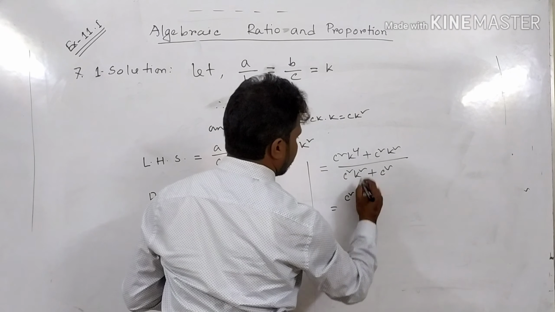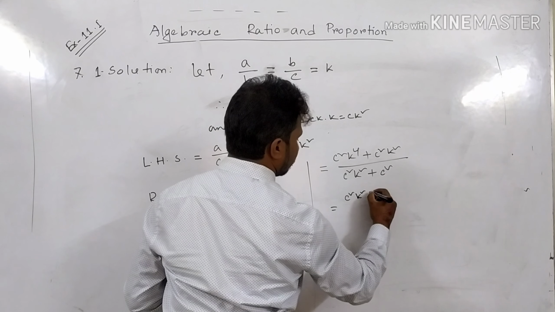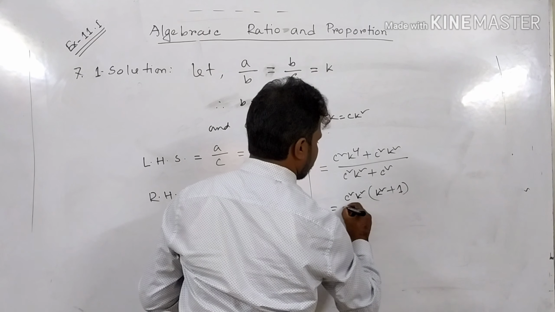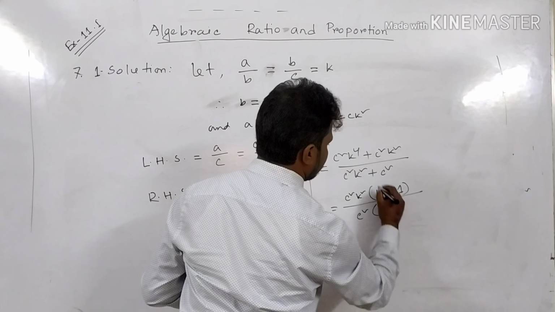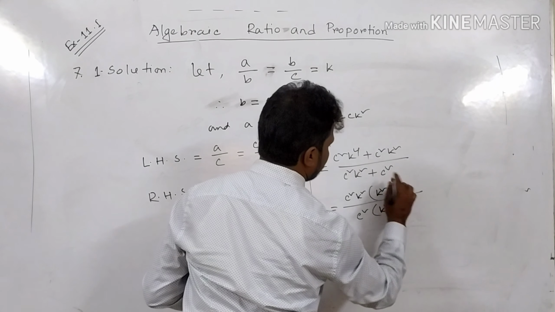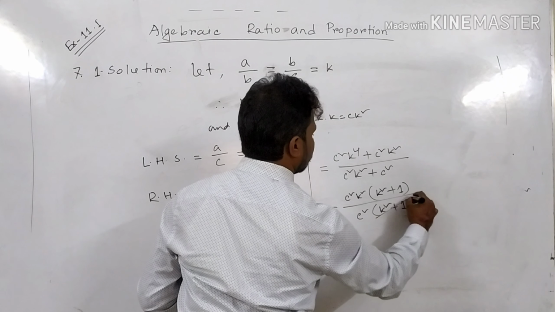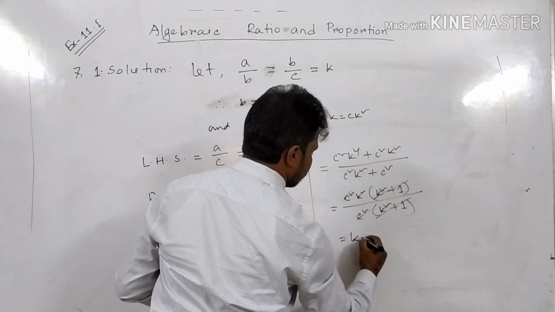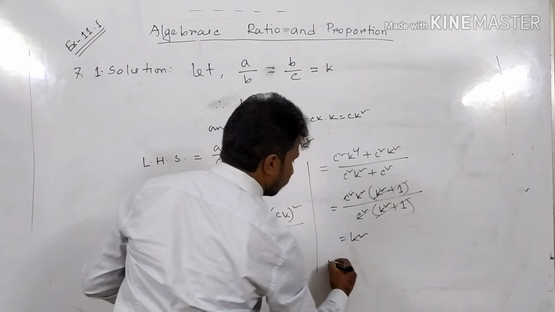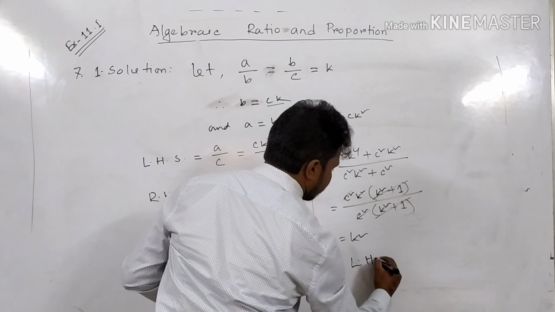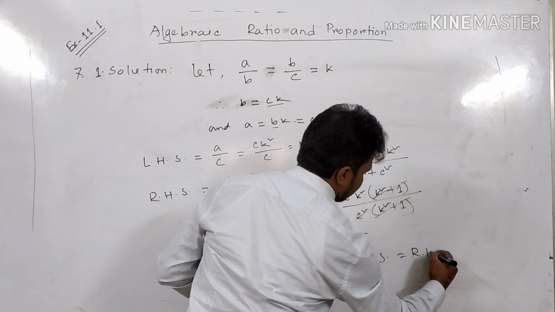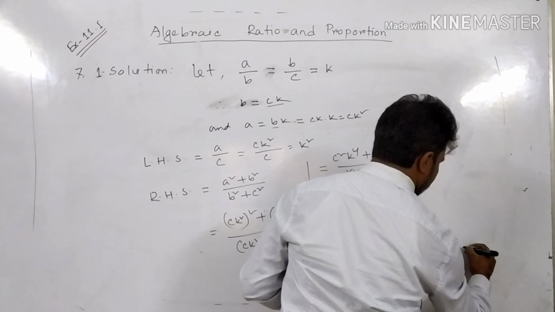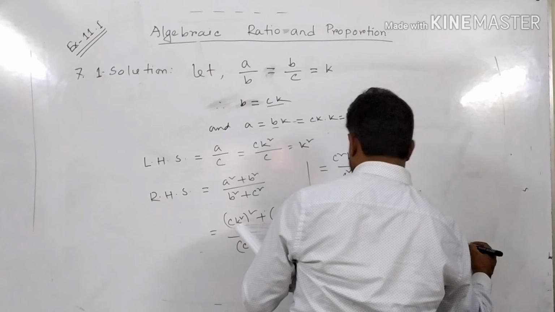Common is C square K square, left K square, here 1, here common C square, K square plus 1. Reduce this C square, equal to K square. Therefore left hand side equals right hand side, proved.